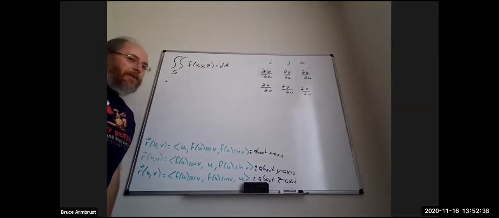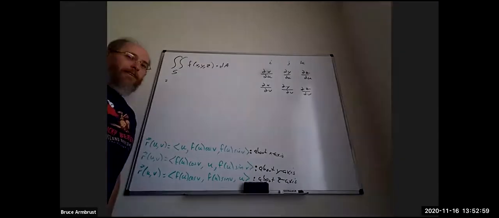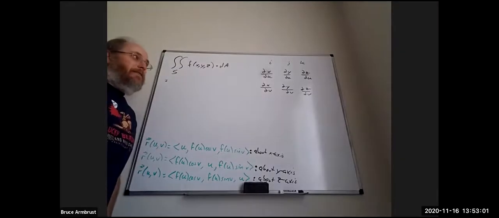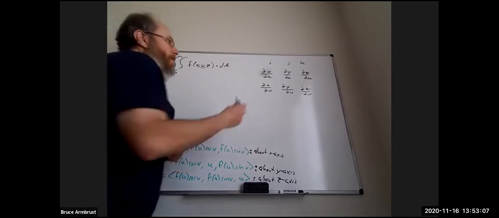Starting to look familiar. Isn't that the curl? Like curl of a field? Not quite, but pretty darn close. But it is a cross product. It's definitely a cross product. What is this row?